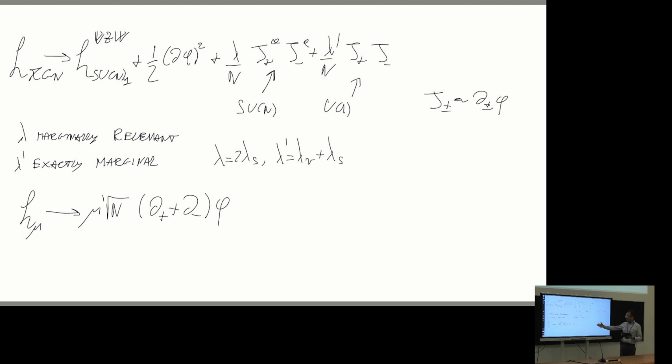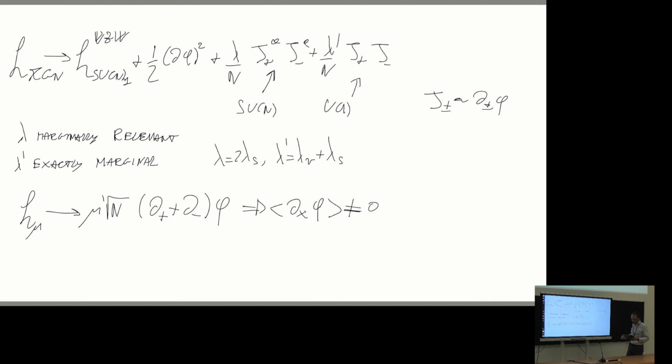But since this sector was supposed to be free, you immediately see, due to this shift, that at the classical level, at any level, you develop a chiral spiral, because due to this term, the vacuum expectation value in the x direction of the field is non-zero. d plus d minus is dx, and that's what you get.